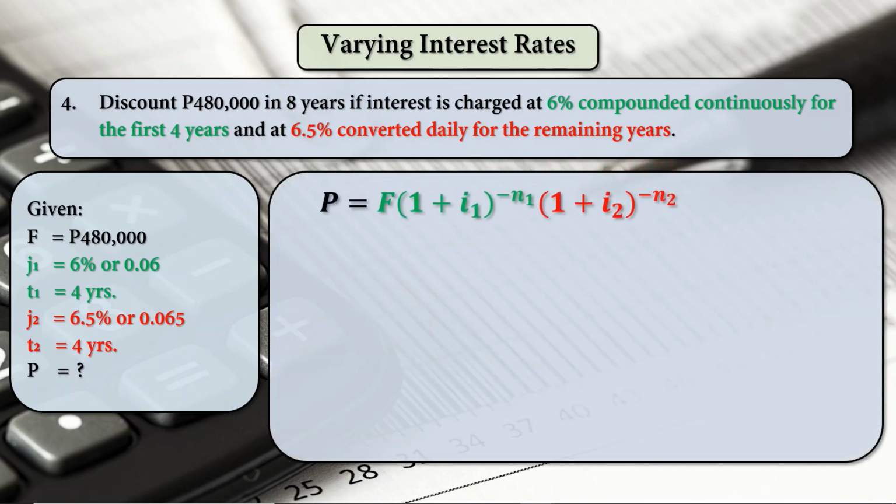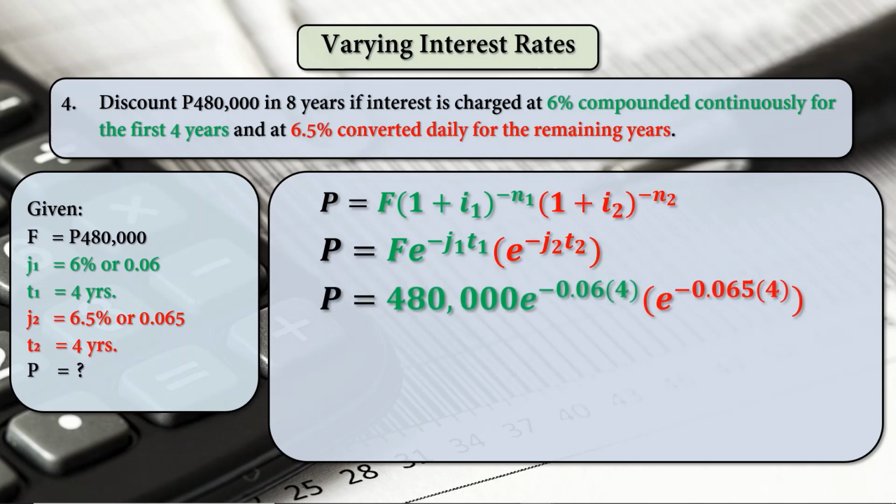So using the present value formula, okay, for the compound present value, but sinabi dito that we are going to use the continuous compounding formula, so papalitan natin itong dalawa. So finding for P, F times e raised to negative J1 T1 times e raised to negative J2 T2. And substitute sa lahat ng values natin.